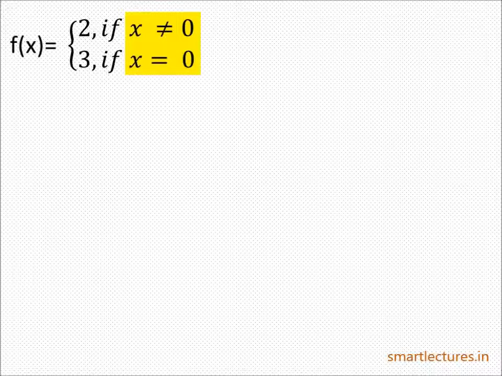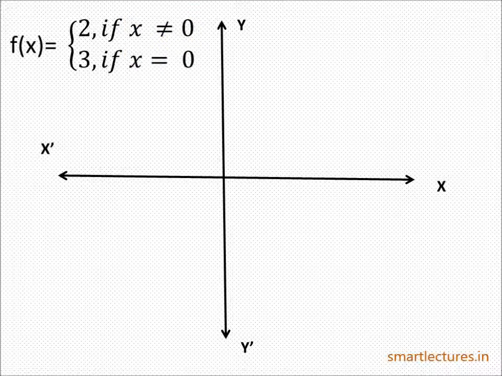And if we draw the graph of this function, you can see the graph will be a straight line parallel to the x-axis, as the value of y or f of x is equal to 2 for all values of x, and f of x is equal to 3 where x is equal to 0.